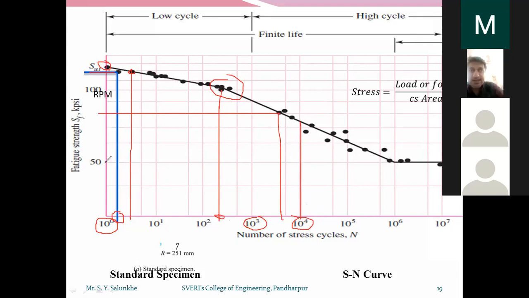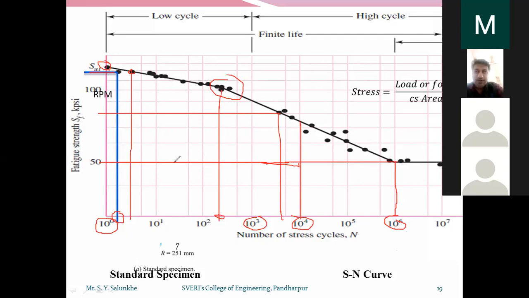Exactly when we apply stress equal to 50 Newton per millimeter square, we observe that the failure does not occur for an infinite number of cycles. The number of cycles sustained is more than 10 to the power of 6, which we consider as an infinite number of cycles.